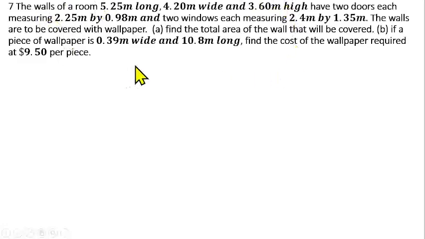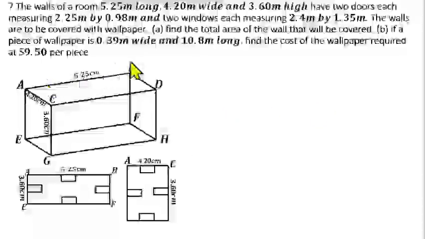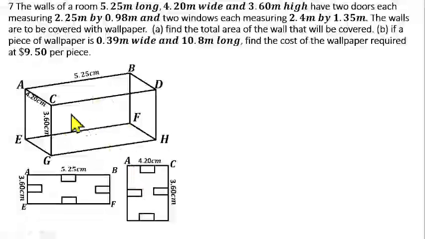To help us understand this, we may need to draw a wall. You know that the wall of a room is like a cuboid. If you look at that, this will help us understand a little bit what we are talking about. Let's say this is the wall of the room now, and we are told that it is 5.25 meters long, then 4.2 meters wide, then 3.60 meters high.